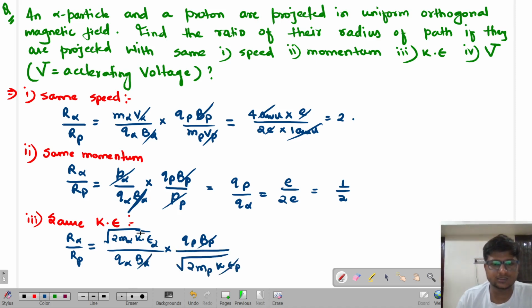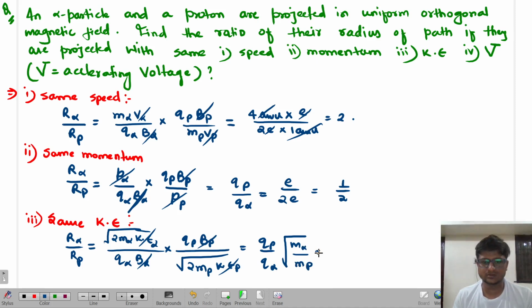This got cancelled. So ultimately it is charge of proton by charge of alpha particle into root over 2 got cancelled, mass of proton, sorry, mass of alpha particle given by mass of proton. So when you put it, 1 by 2 and this is 4 by 1. So it will come as 1 is to 1.